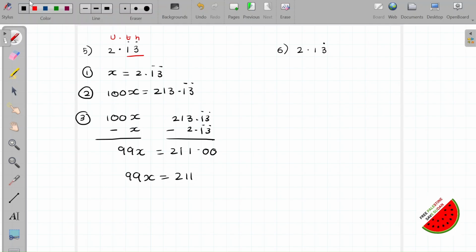You cannot simplify this, I think. Divided by 99. So x is equal to 211 over 99. Now we can convert this into a mixed number.